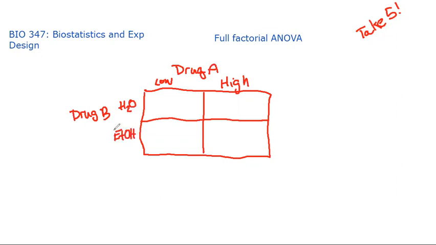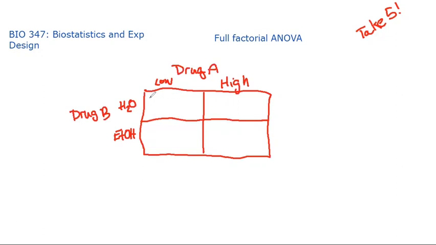Okay, so a full factorial looks at the possible combinations of these things together. We could do an experiment where we just looked at drug A and drug B separately, but by doing combinations, we can do this efficiently.